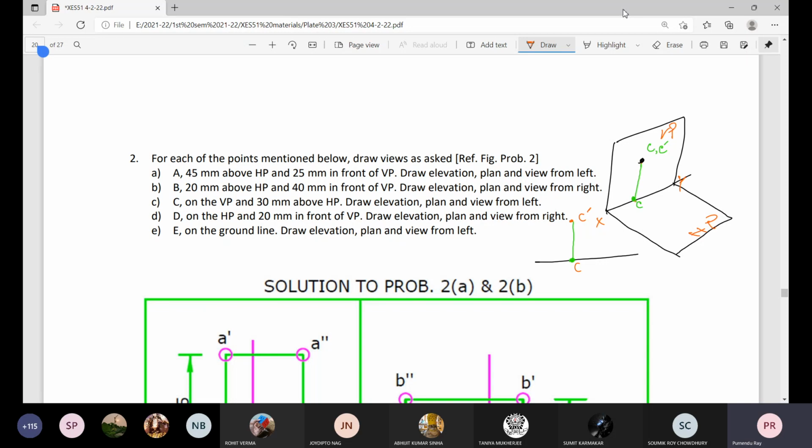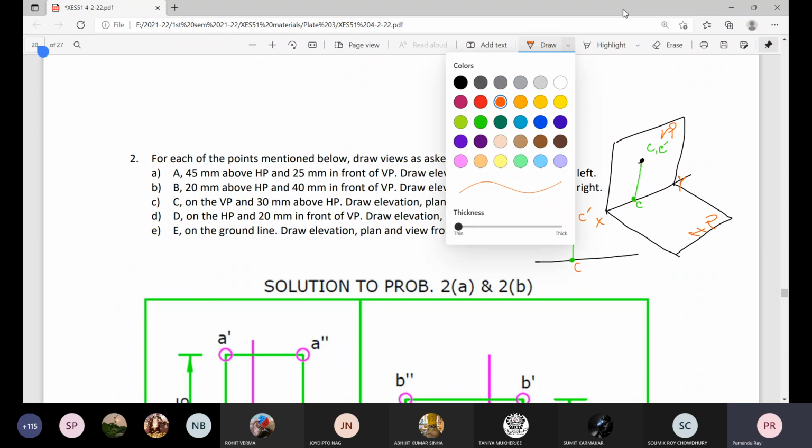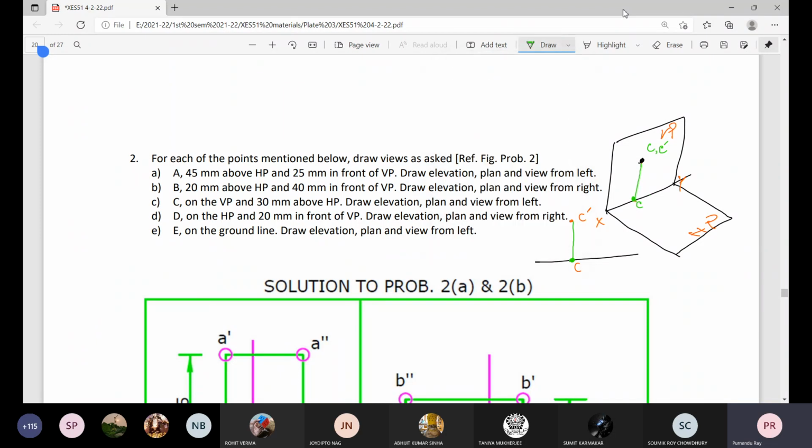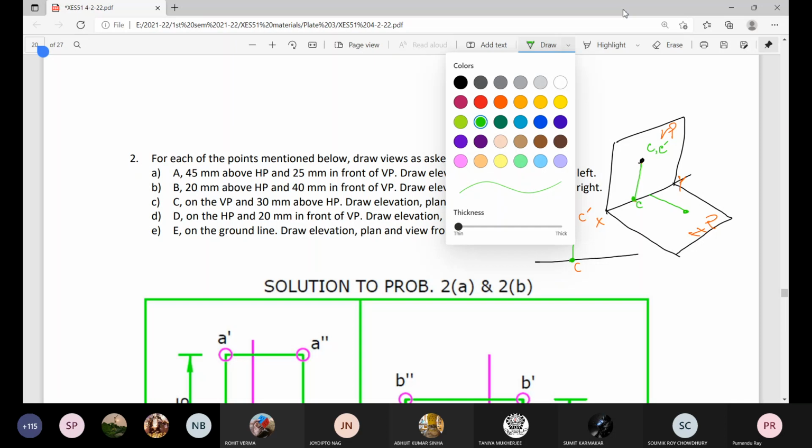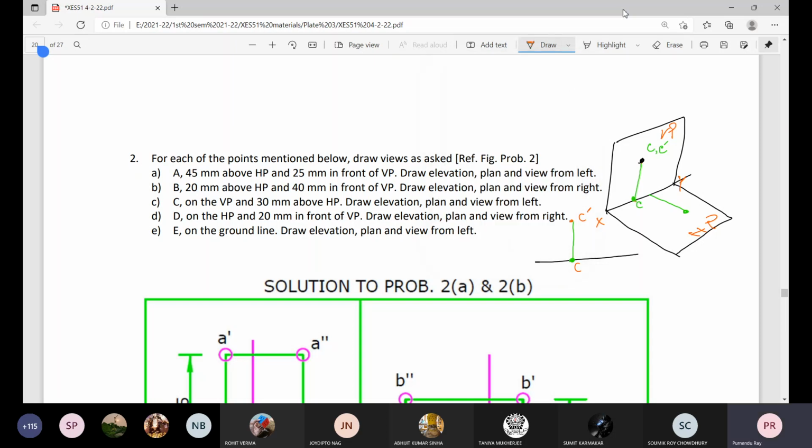Similarly, if there is a point on the horizontal plane, so the point itself is the plan, and its projection on the vertical plane, which is the elevation d dash, it will be on the ground line itself.